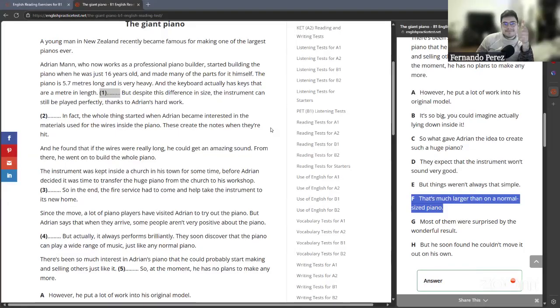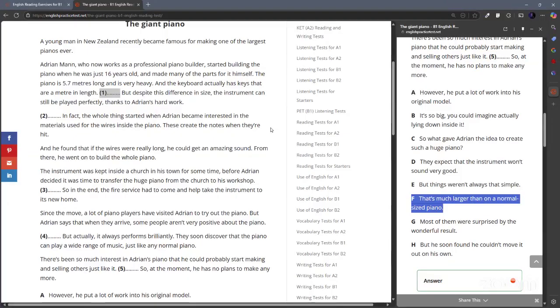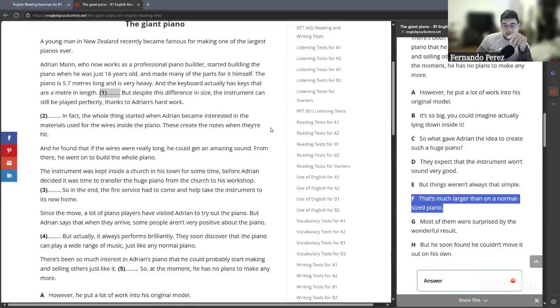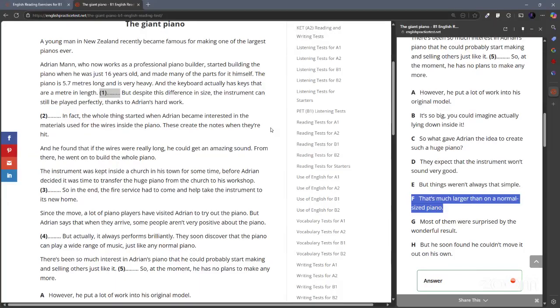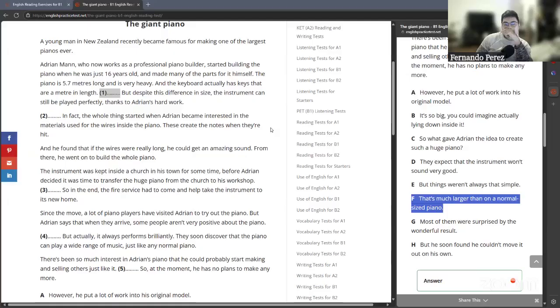Correct. We are talking about the keys, not the piano. Yes, larger than. And letter B is talking about the piano. That's the reason letter B is incorrect. I completely forgot to pay attention to this detail.